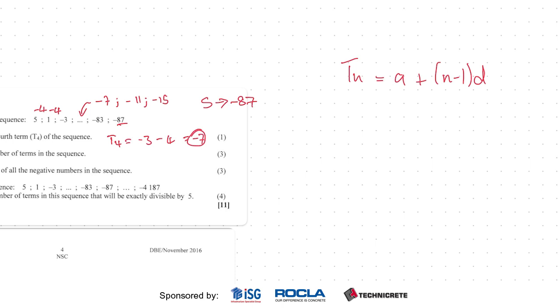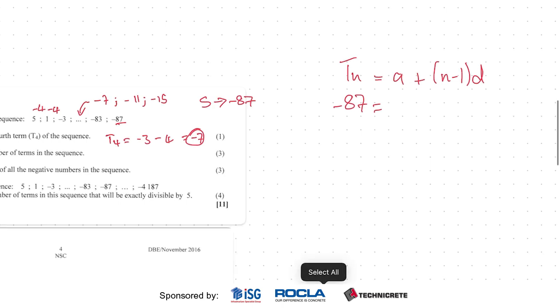We know it goes from 5 to negative 87, so let's figure out what the nth term is for the value of negative 87, because that will give us the total number of terms indirectly. Our first term is 5, we don't know what n is, and our change is negative 4. Then you just solve for n.